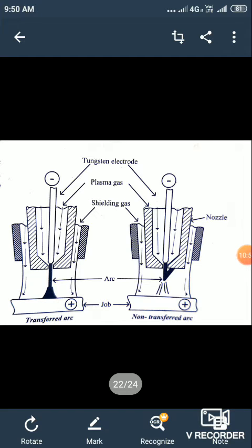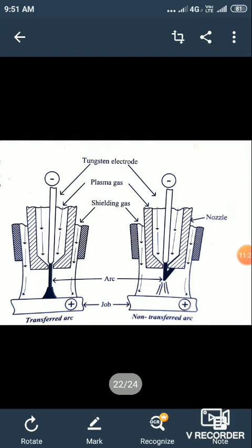It possesses more energy. As it possesses more energy, we can make use of a current limiting resistor to generate arc, and it is used for cutting metals.